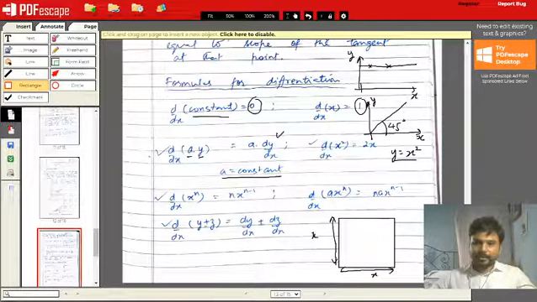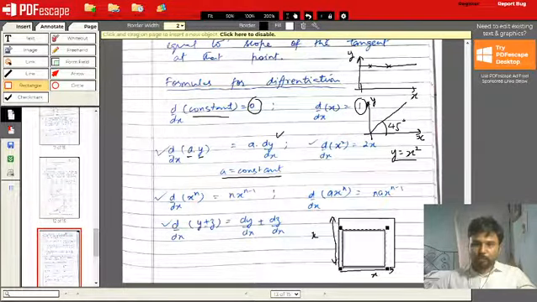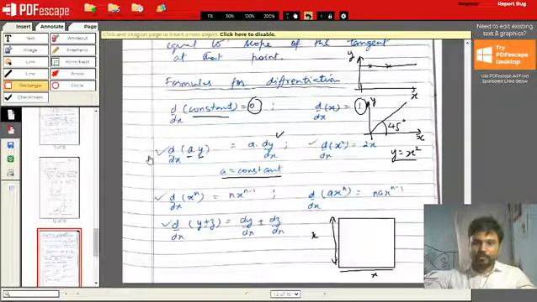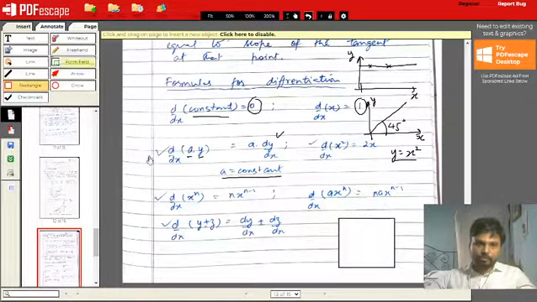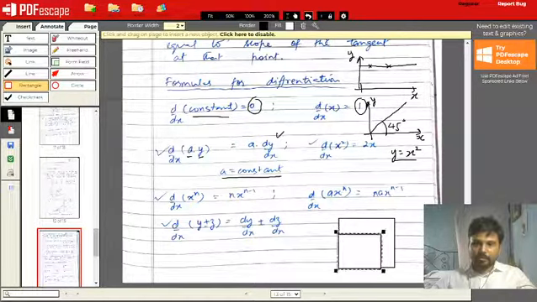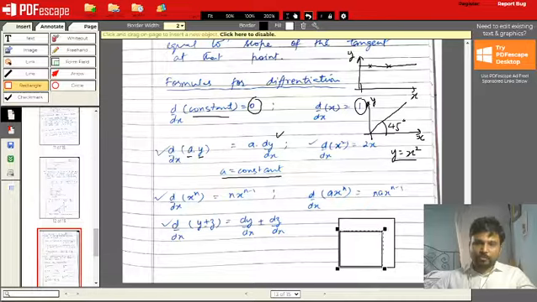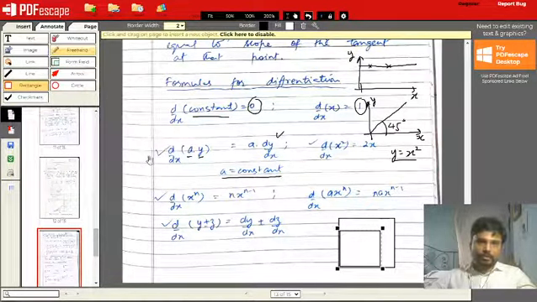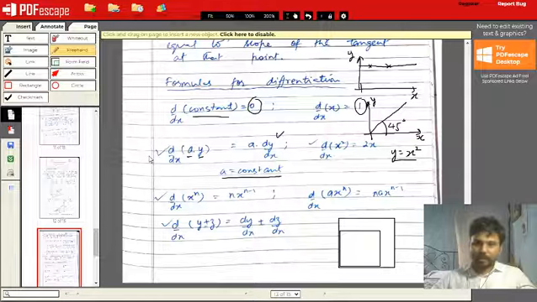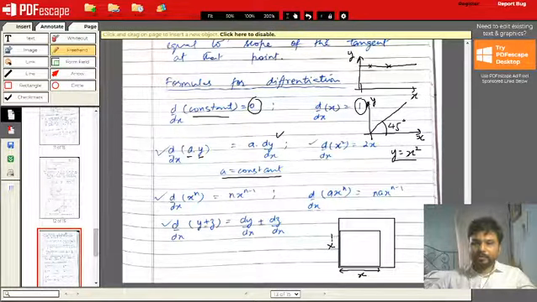So this distance is x, and since it's a square, it's also x.